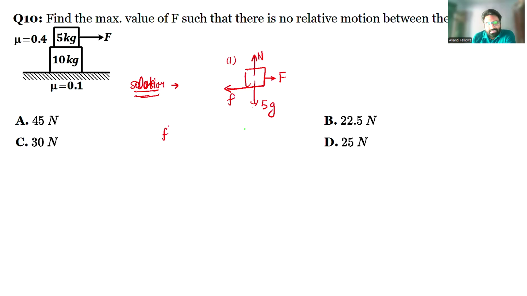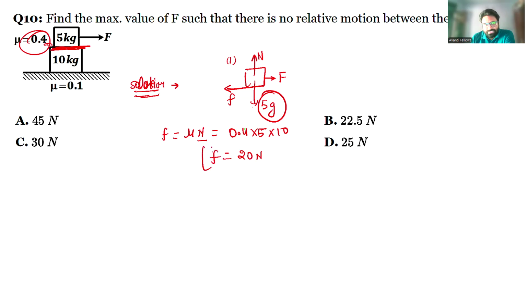We can calculate the value of friction as mu into N. Now mu you have to take as 0.4, which is the friction between the 5 and 10 kg block. So it will be 0.4 into N, and you have to take N as 5G, 5 into 10, so it is coming out to be 20 Newton. So the friction acting between the 5 kg and 10 kg block is 20 Newton.